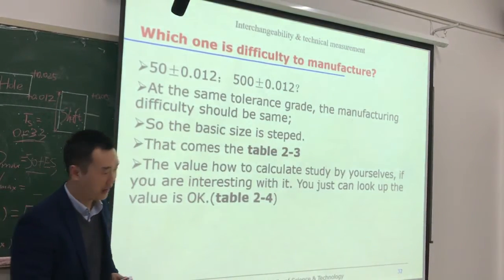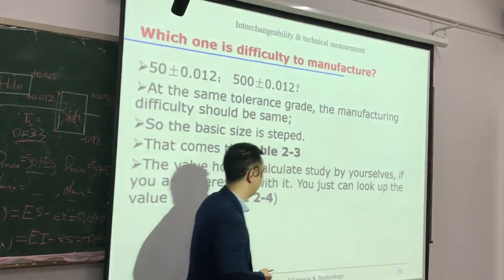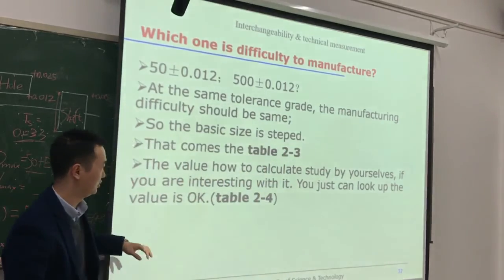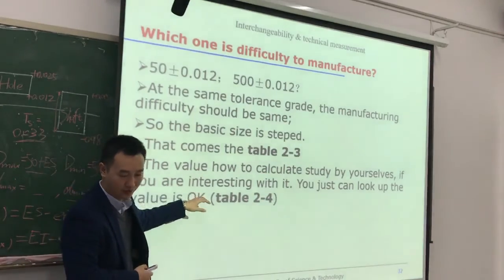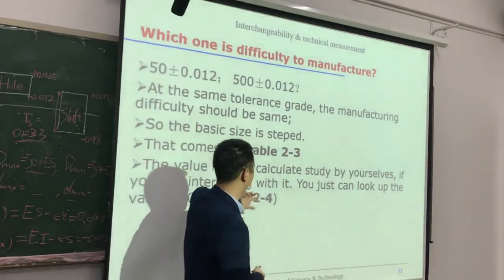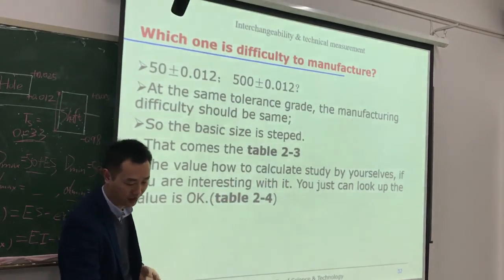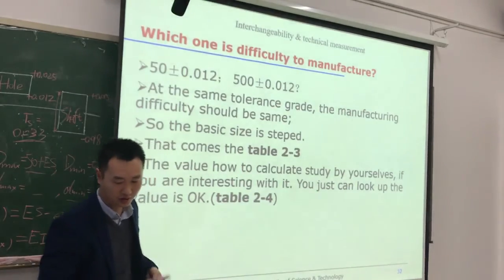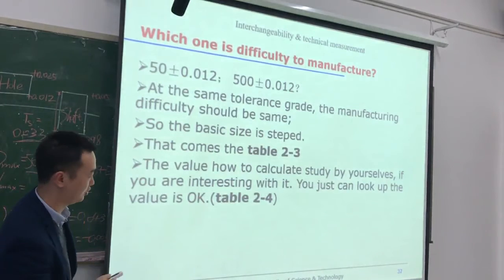How to calculate the values, you can do by yourself. If you're interested in how to get the tolerance value, you can check table 2.3. But normally we just look up the value according to table 2.4.